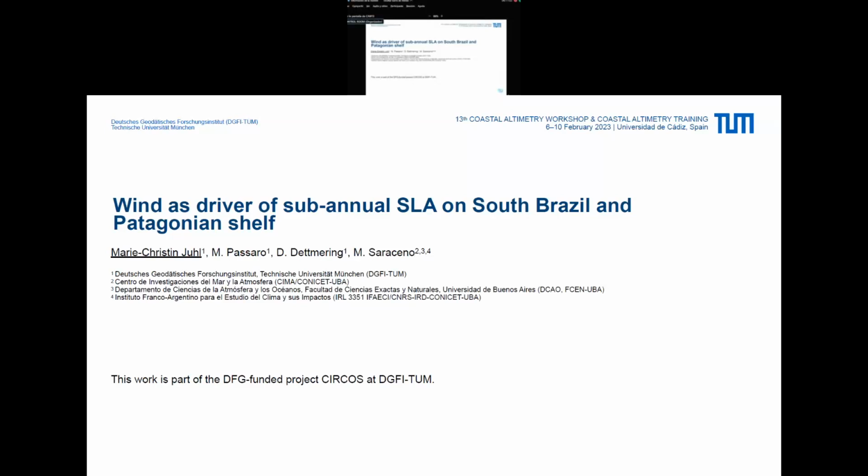We don't want to only use altimetry, we also want to combine this with wind data. So this study is the first step. It is a little application study of the gridded current altimetry data and how the wind is impacting the sea level anomalies. At the end, I will give you a little outlook of what we could do with this information.